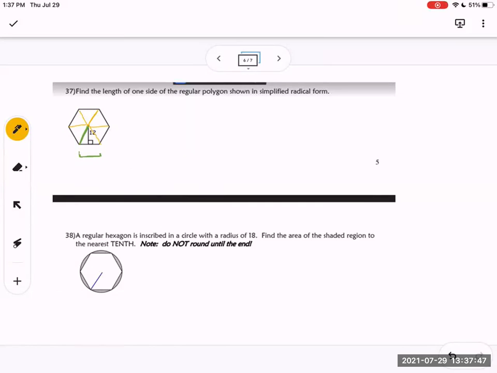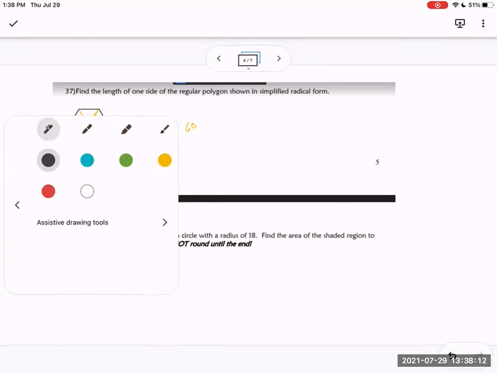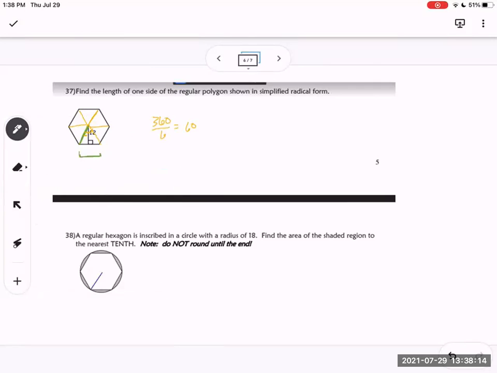If I draw in all those lines to the vertices from the center, there are 6 of those, which means this 360 degrees right here divided by 6 is 60 degrees. So each of these is 60 degrees, which means this is half of that. So this angle right here is 30 degrees.